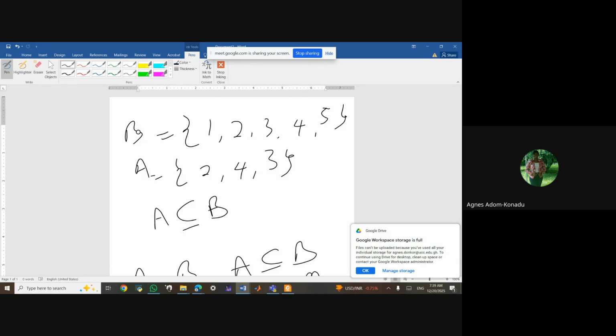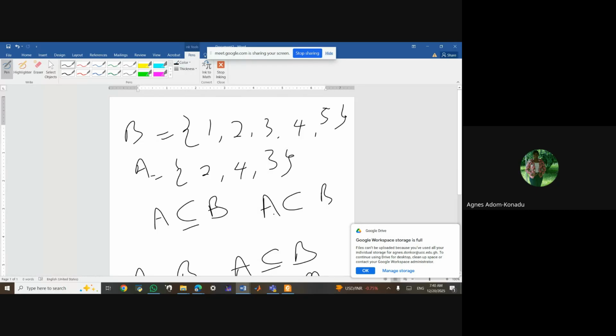So when we take our example, we can see that there are some elements in B that are not in A. In this case, it means that our set A is smaller than the set B. So in this case, we write it as A, then we write this without the underlined line.